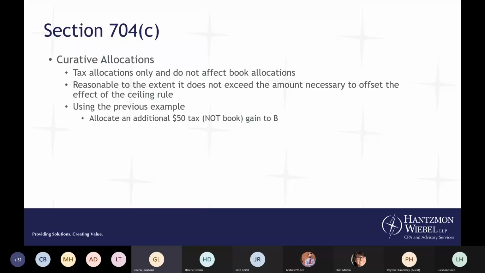So in this example, after the sale of property, there's $1,900 in capital, and A and B are 50-50. So their book capital should be $950 each.